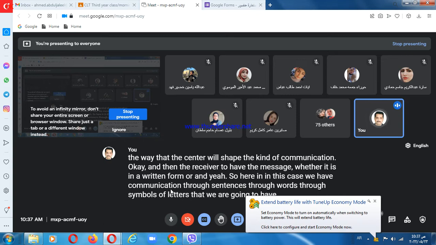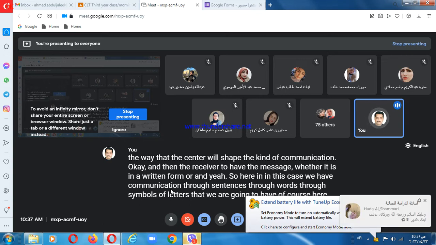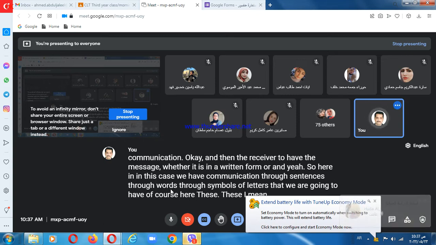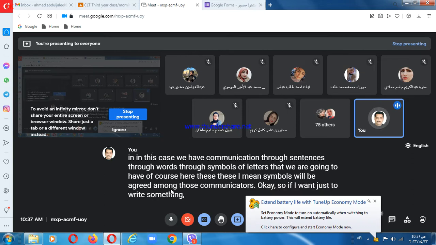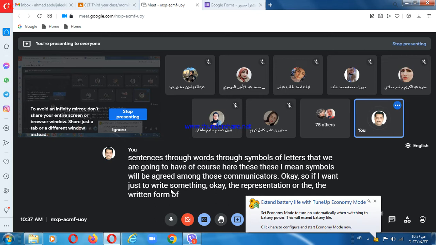And of course, these symbols will be agreed among those communicators. So if I want to write something, the written form of this word will be known by you as a receiver and by me as a sender.